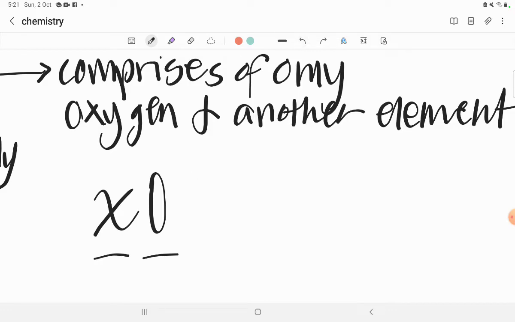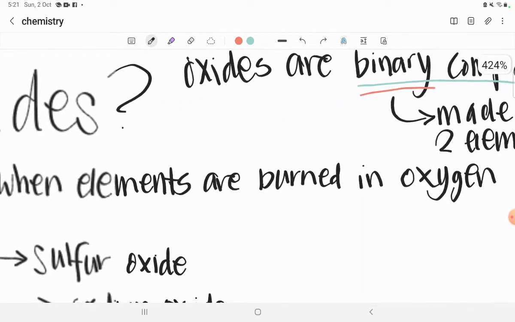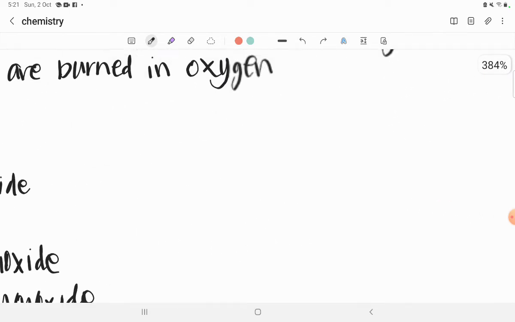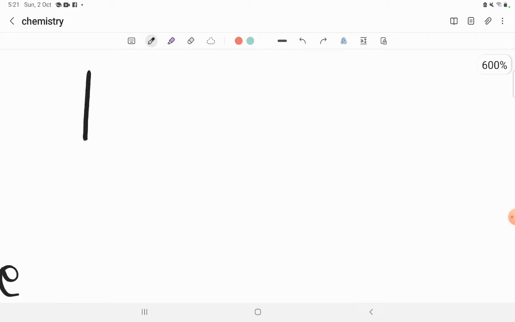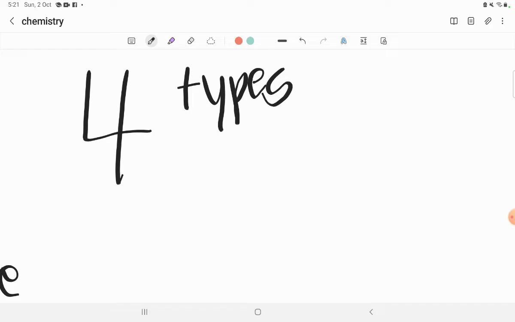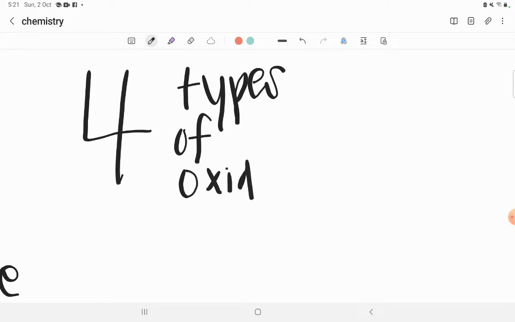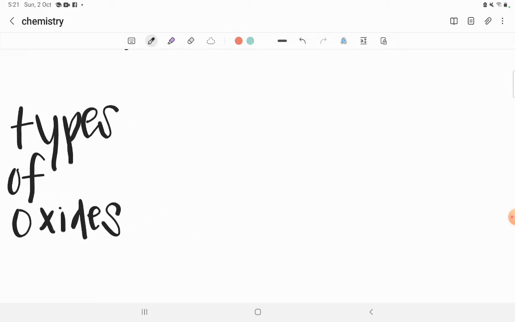It's something and O. Okay, under oxides there are four types. What are the four types?